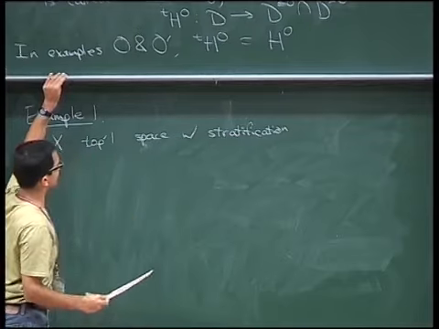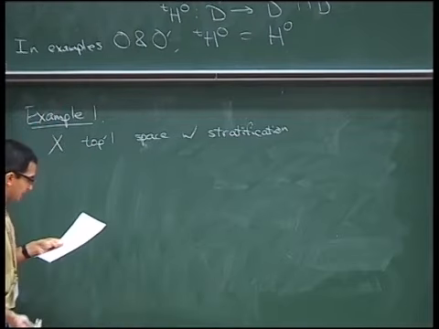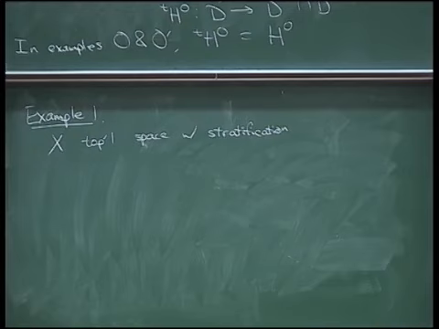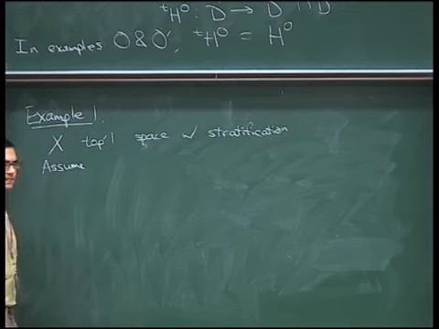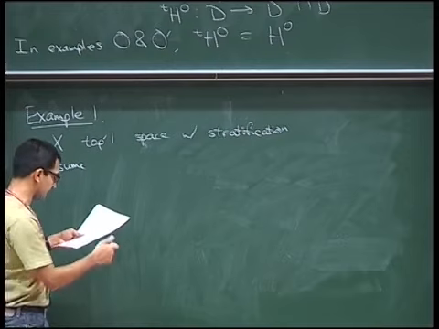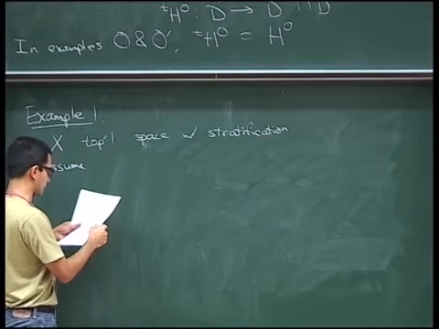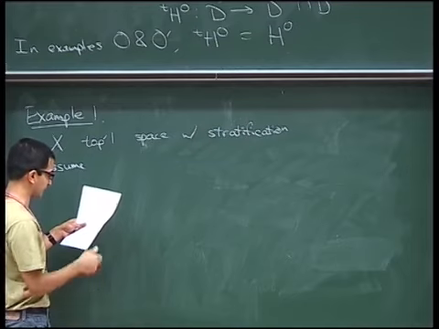All right, so here's example 1. So now again, X is a topological space with a fixed stratification. I'm going to add an extra assumption here. This is not really an essential assumption, but it's going to make some formulas easier, and it's going to hold in the examples later in the week.